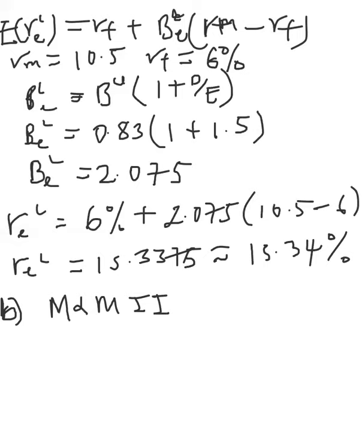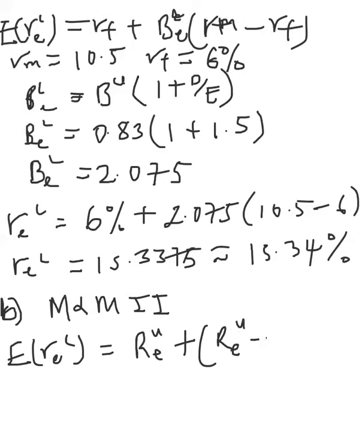Expected RE of a leveraged firm is equal to RE of the unlevered firm, which is the same as the weighted average cost, plus RE of the unlevered firm minus ID, the interest on debt, all multiplied by the debt to equity ratio. In this case there's no credit risk, so ID, or RD, is the same as RF.